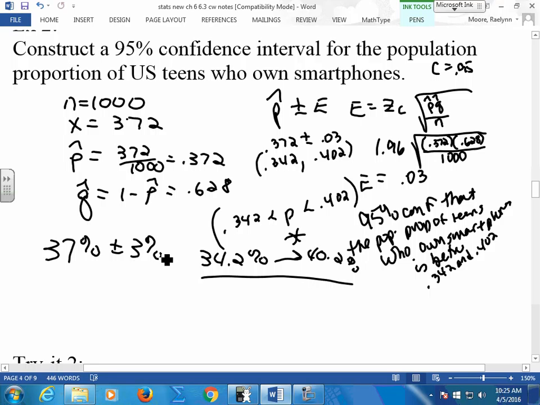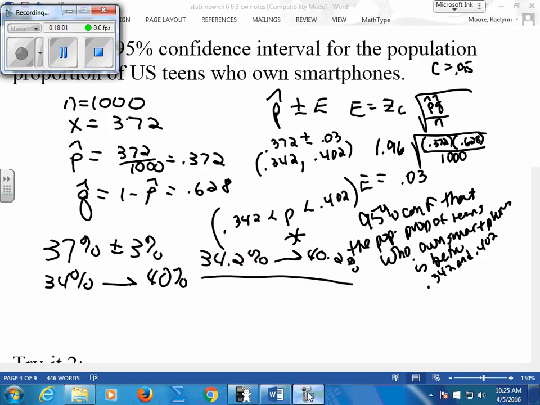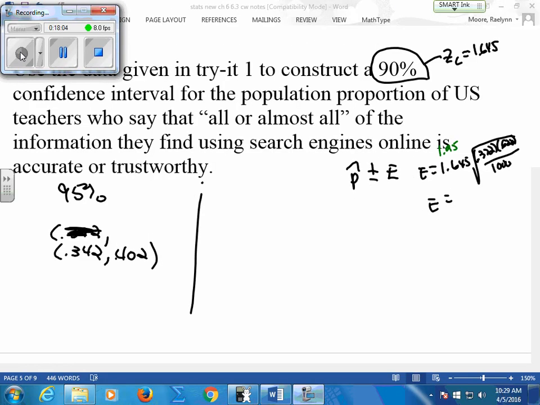This is where your polling comes from. She could be from 34% to 40% of the population voting for her, if I'm going to look at the whole population. All these polling things really come into play in this.